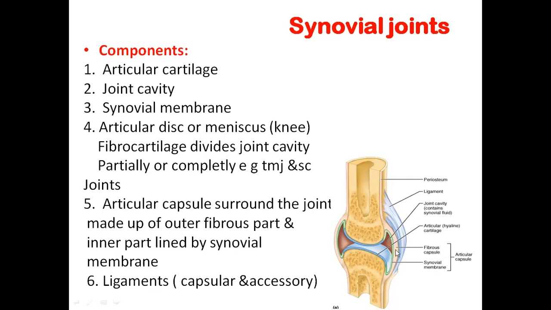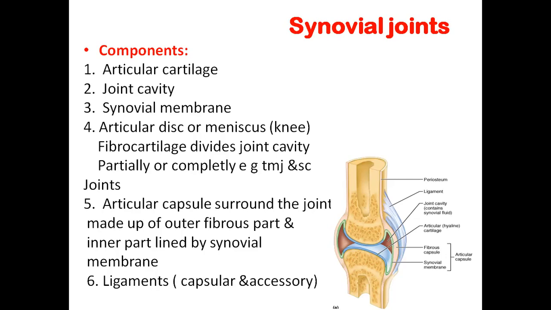This membrane lies within the joint capsule. The pink one is the joint capsule up to this area, and this is the joint capsule on the other side. The inner lining of this joint capsule is the synovial membrane.